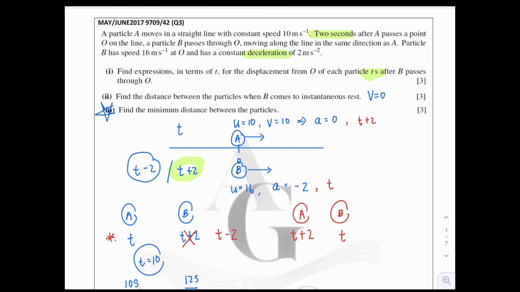When you are finding minimum area, when you are finding minimum volume, what are you supposed to do? Aren't you supposed to differentiate it and equate it to 0? So what we are supposed to do here is to find the expression for the distance between the two particles, and hence differentiate the distance and equate it to 0. Come, let's try that.